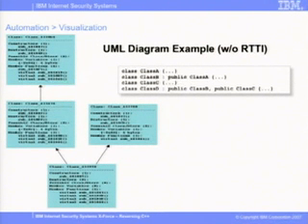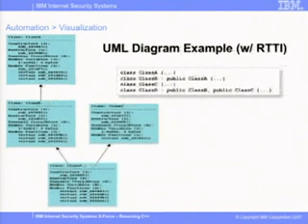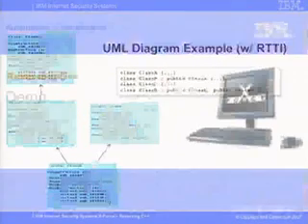So here's an example output without RTTI. The name we assigned was something that we generated. But with RTTI, the name is actually the original name of the class.